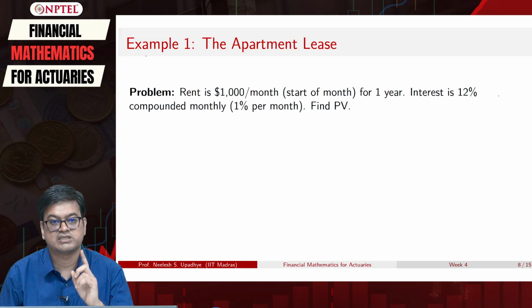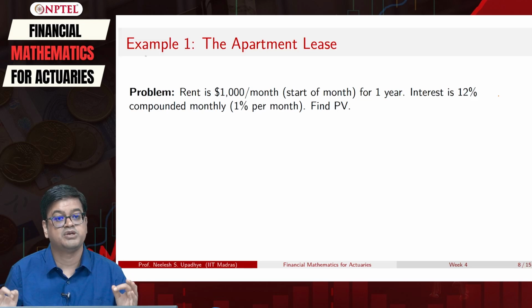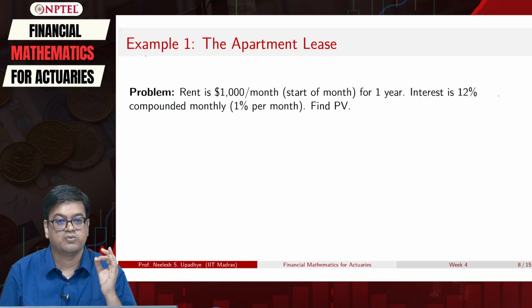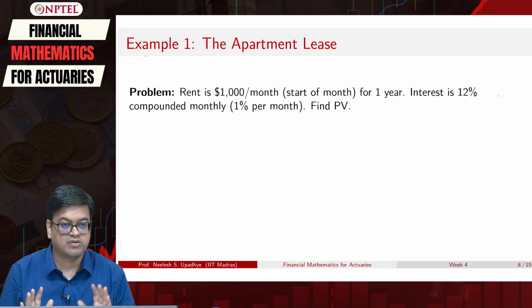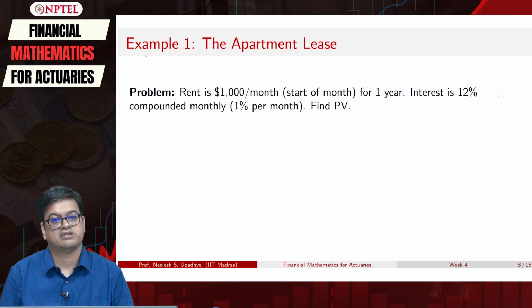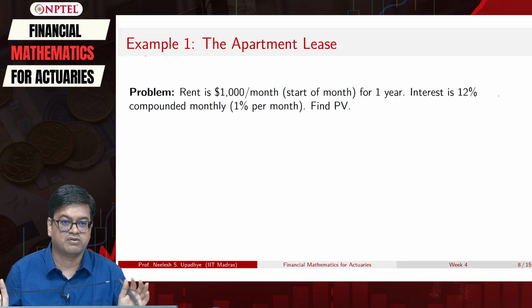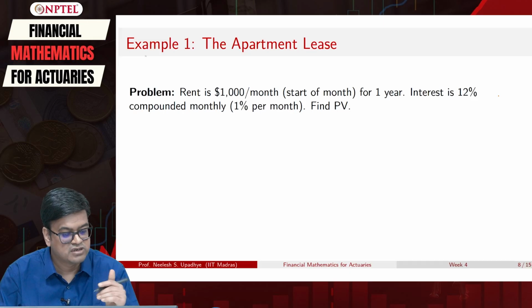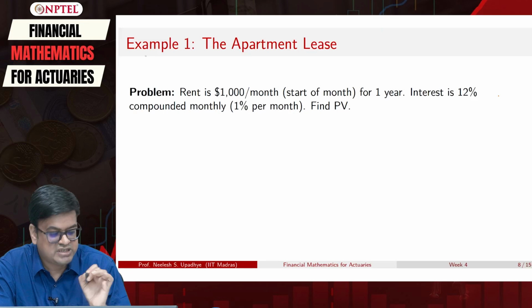So, 1% per month, there are 12 periods. So what should be my v? It should be 1.01 raised to minus 1, and we will simply work with annuity immediate for our computational purposes.